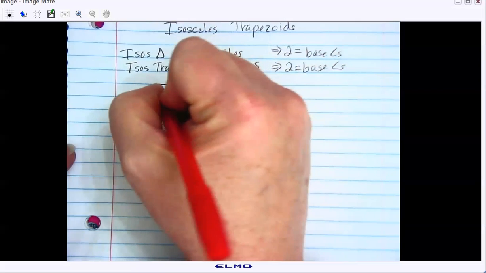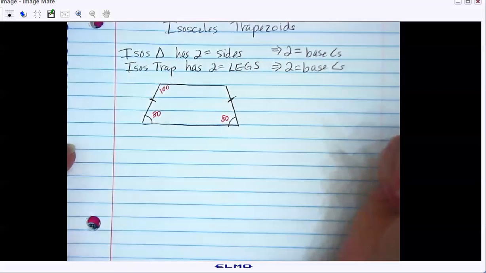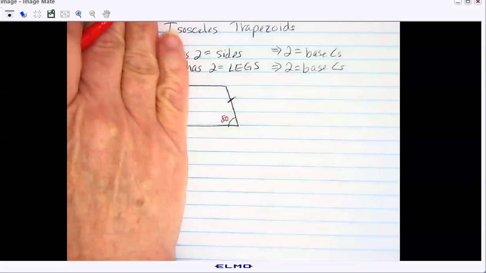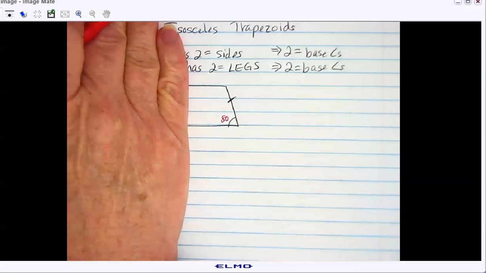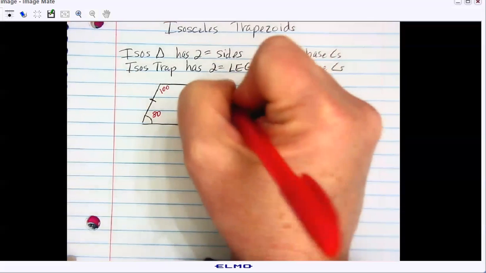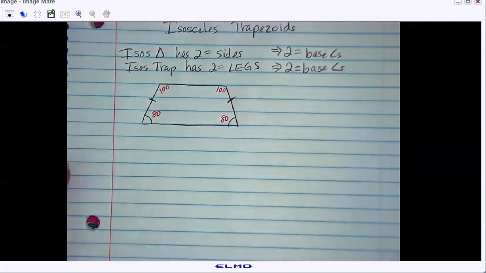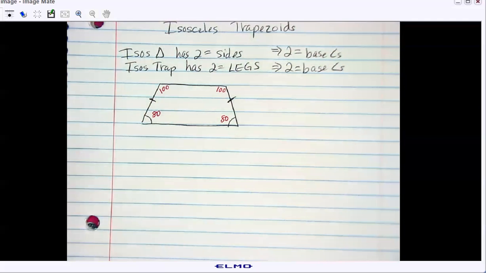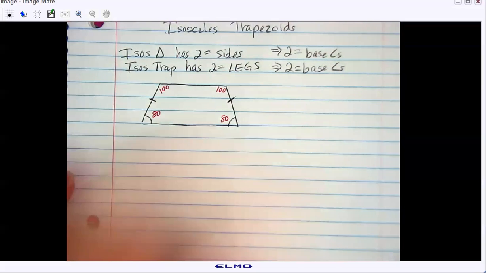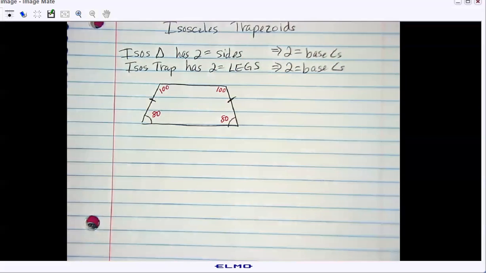That makes this one 100. And over here, what does that make that top angle? 100. So if our base angles are equal, the top angles have to be equal too. I'm all about making up a number so I can see a visual relationship, because I don't always see it with A's and B's and variables. So I have to have a real number that I can wrap my brain around.